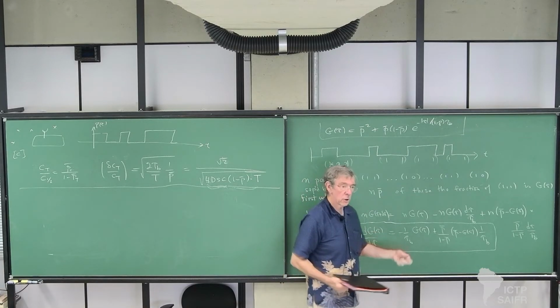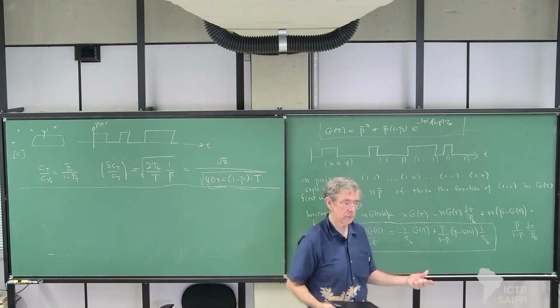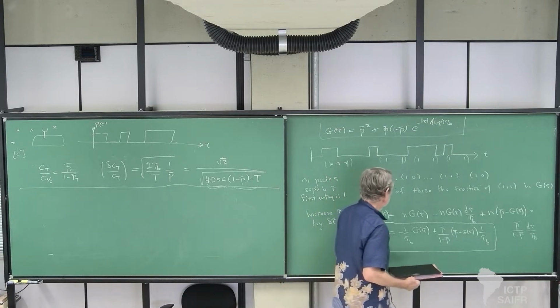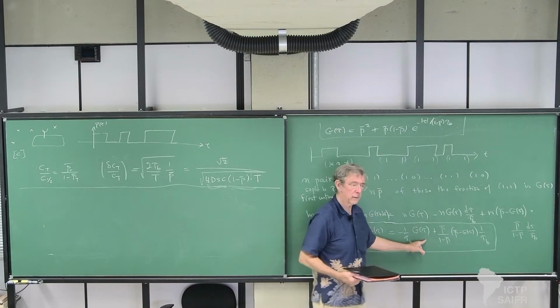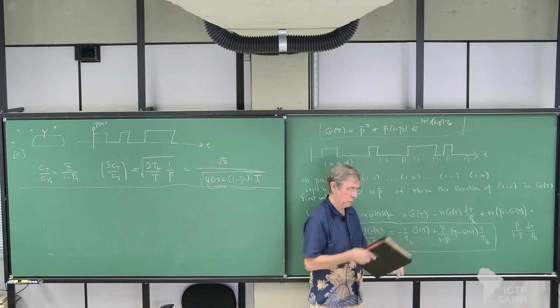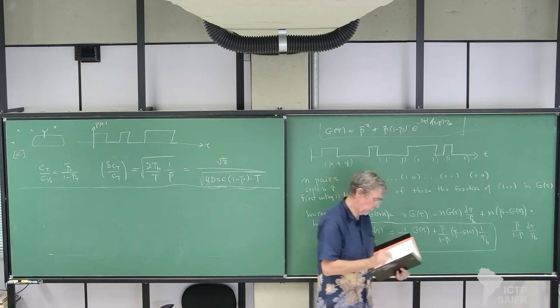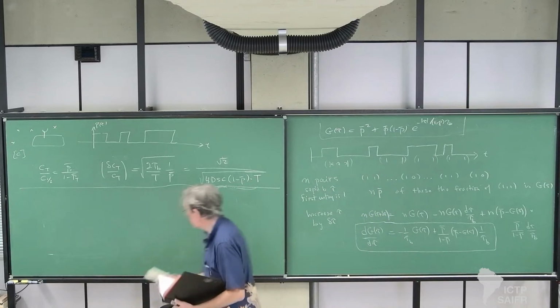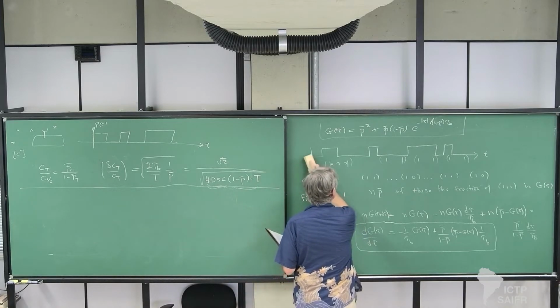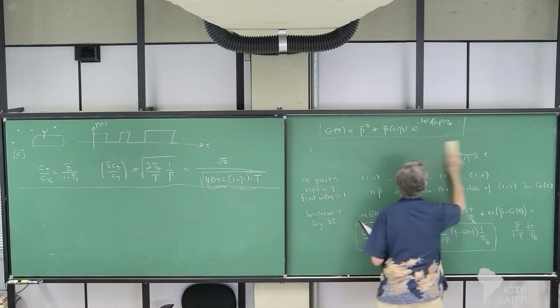Now it's calculus. You have a differential equation and you try to solve it. I won't go through the guts of that, but you can solve this differential equation. So we're messing with pairs.